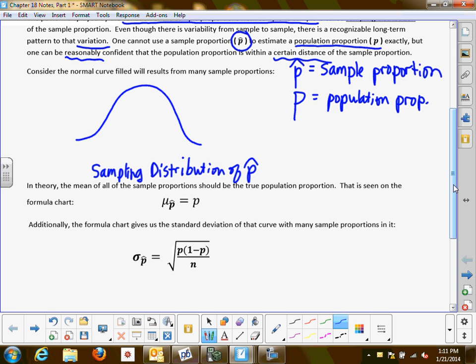And so what's going to happen is there will be a natural placement where there's one person's sample results, a proportion of whatever, and maybe most people are getting that particular proportion.